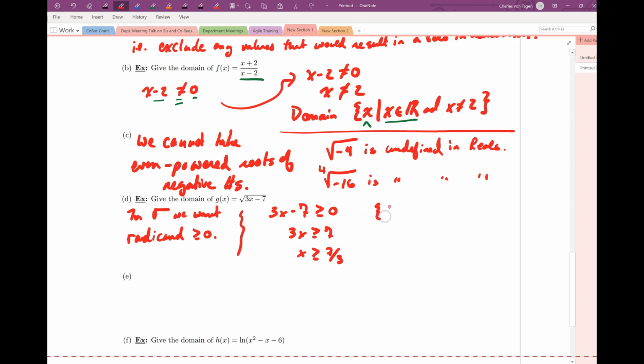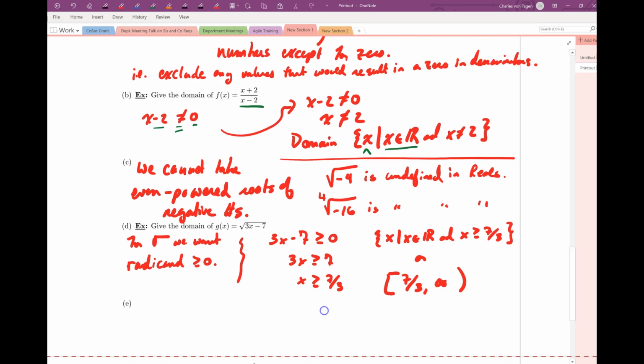The domain in set builder notation would be the set of x such that x must be any real number and x must be greater than or equal to 7/3. That's writing the domain in set builder notation. Or maybe interval notation is preferred here. In interval notation, the domain would be from 7/3 to infinity. And because this is a greater than or equal to, I go ahead and use the bracket here.